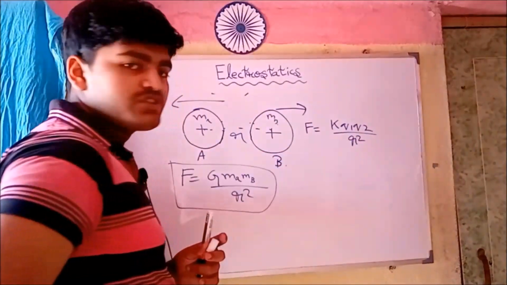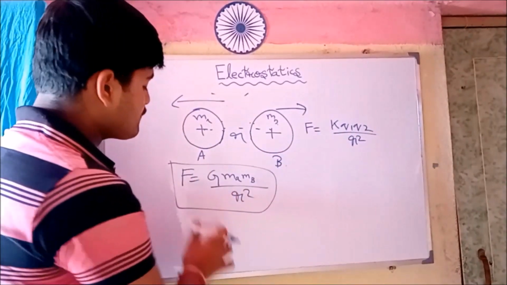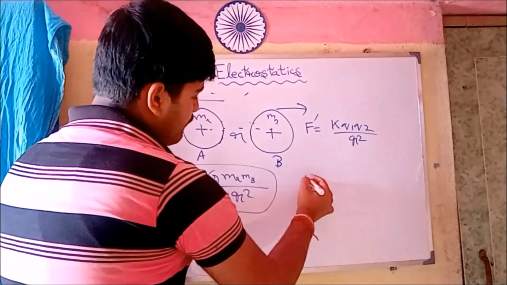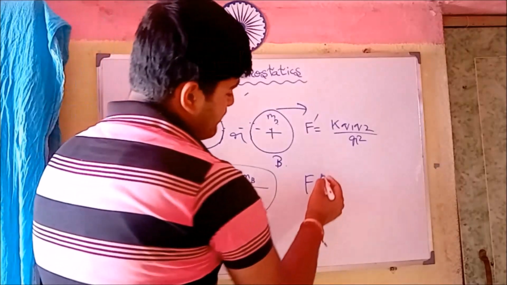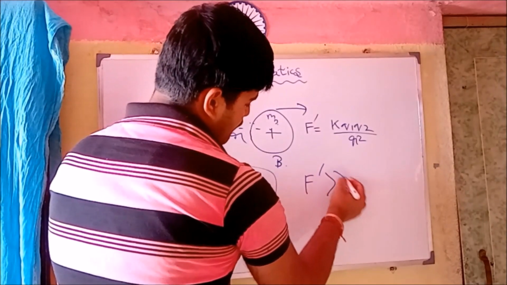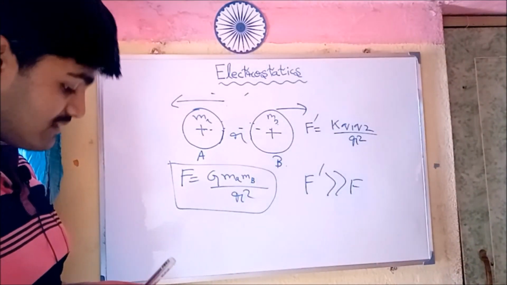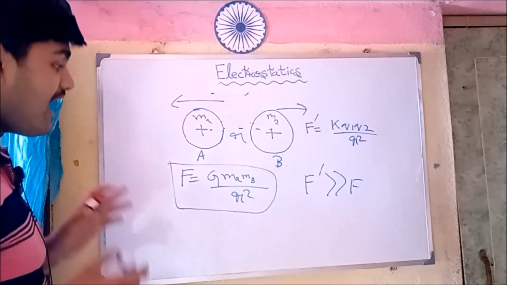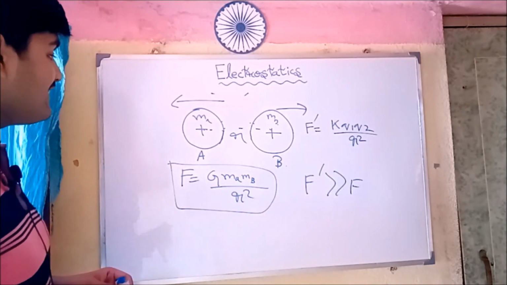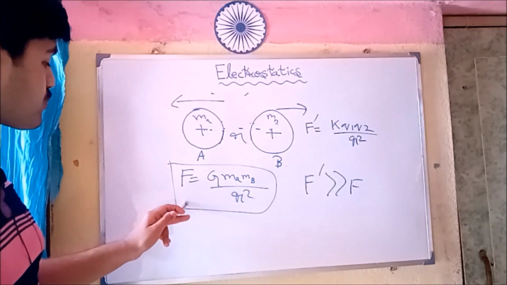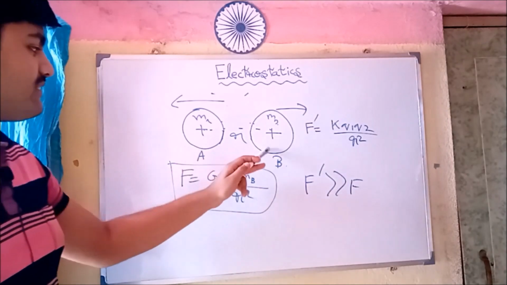This repulsive force is very much greater than this force. Let me write this as F dash and this as F. So if we write in terms of mathematics, F dash is very much greater than F. Why is this so? This is because of the dependence of this force on the masses of these particles.